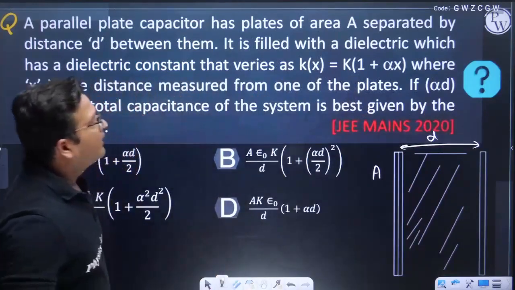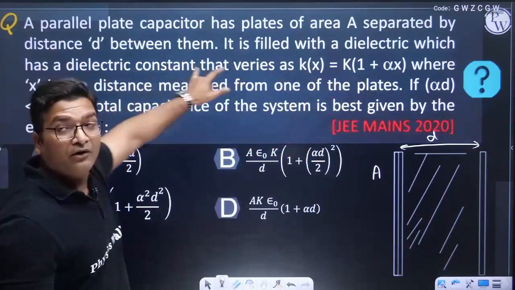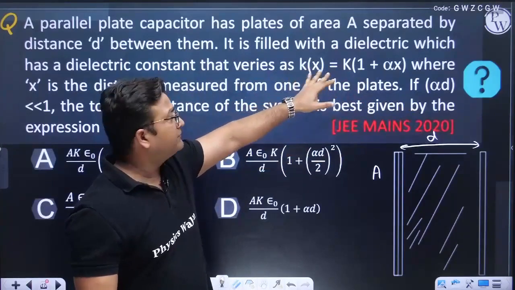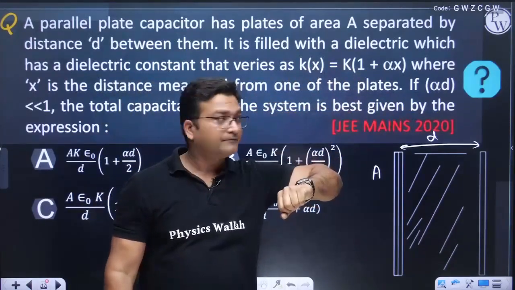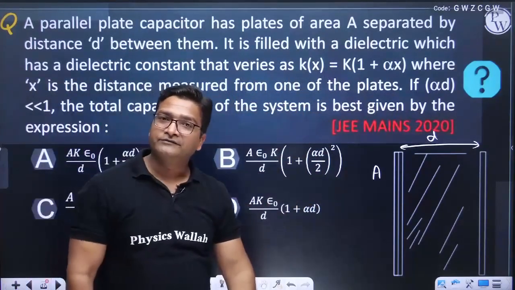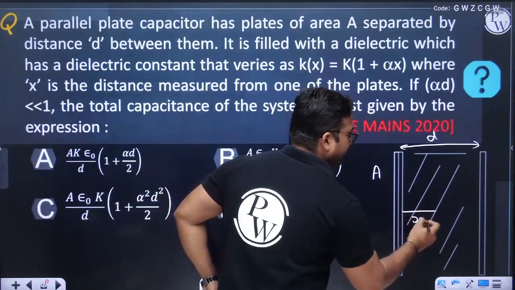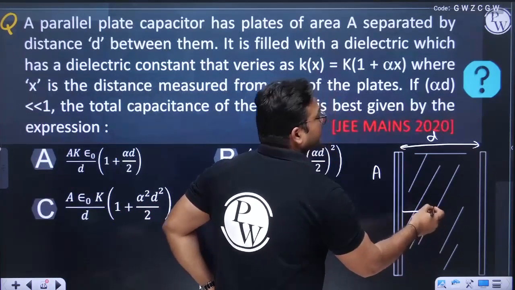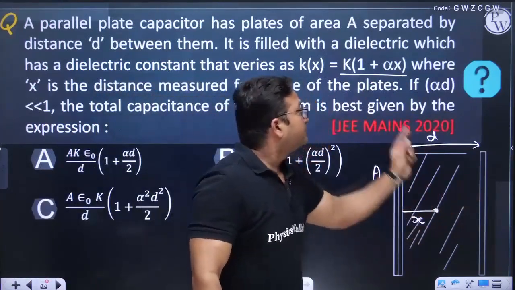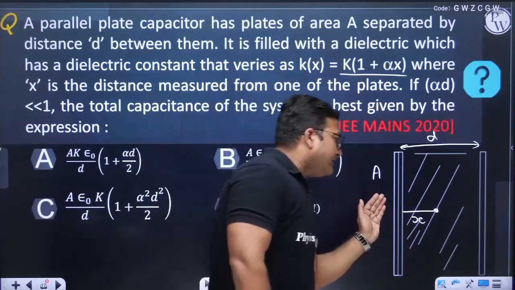It is filled with a dielectric which has a dielectric constant that varies as K of x equals K times 1 plus alpha x, where x is the distance measured from one of the plates. So if you are looking from one plate at a distance x from it, at this point K will be given by this function. And as you move further, K is going to increase as it is a linear function of x. So K is increasing in this direction.